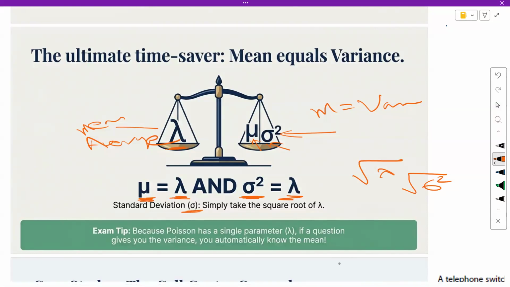Because Poisson has a single parameter, lambda, if a question gives you the variance, you automatically know that the variance equals the mean.